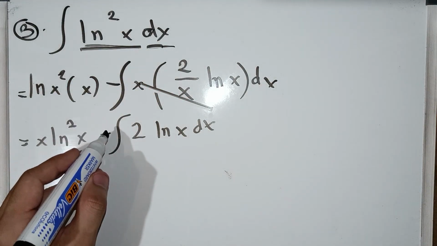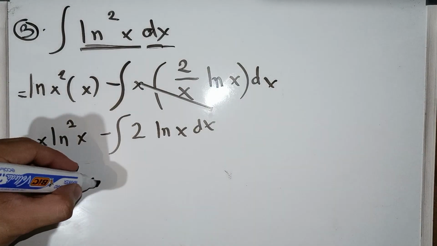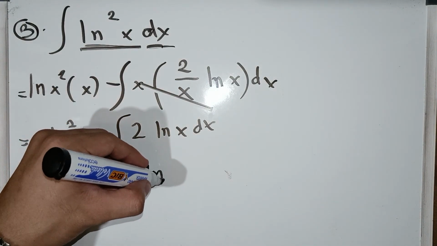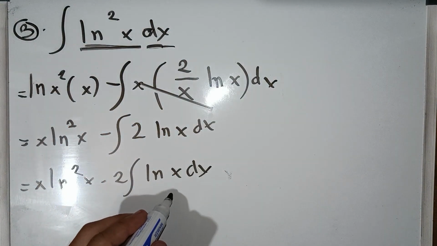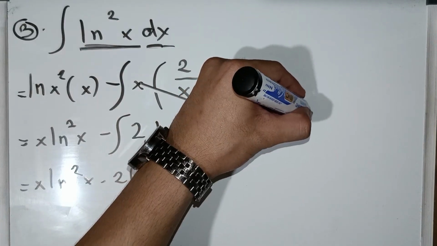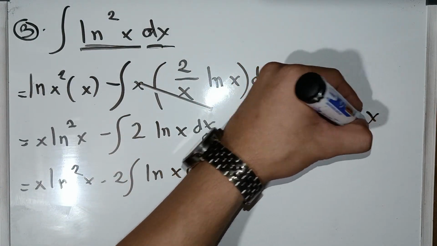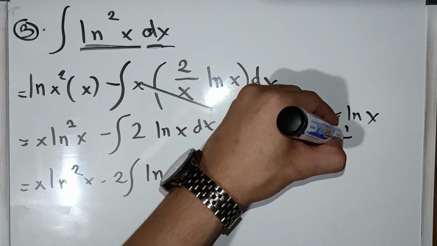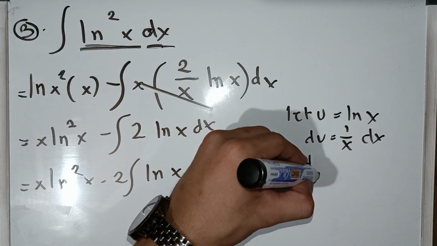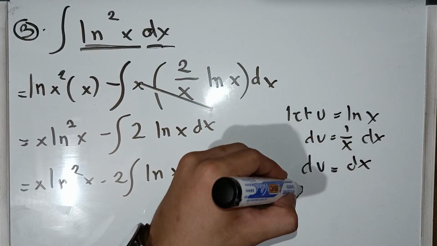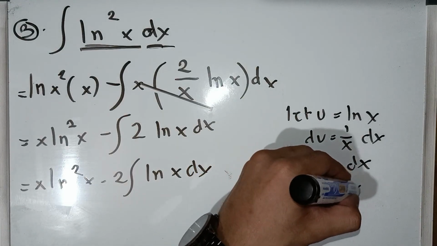Next, since it is a constant, x ln x squared minus 2 times the integral of ln x dx. And we have to get the integral of this also, so let's use u is equal to ln x, and its derivative is equal to 1 over x, and dv is equal to dx, which is v is equal to x.